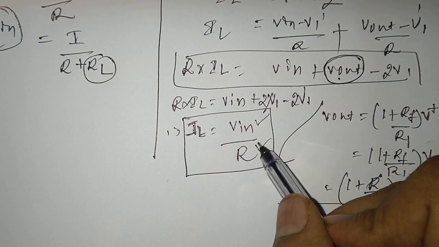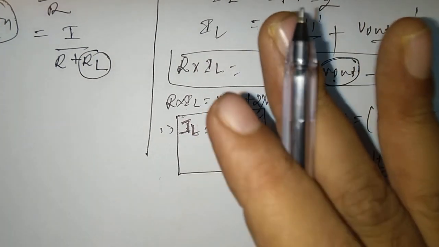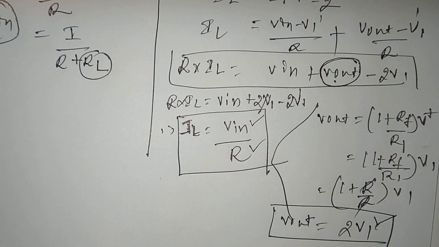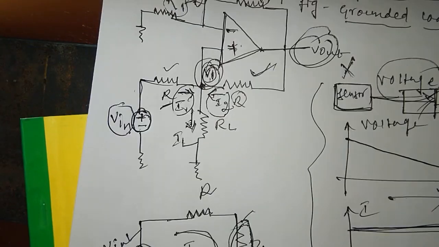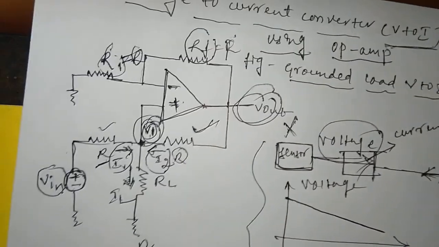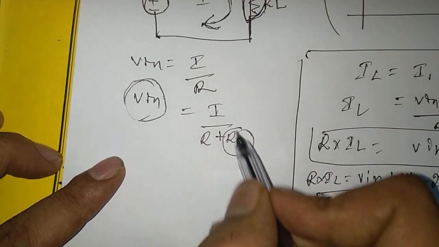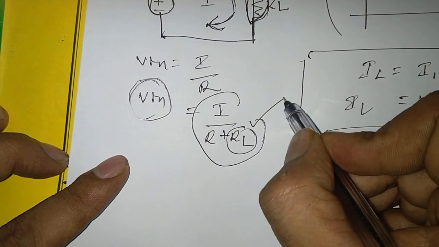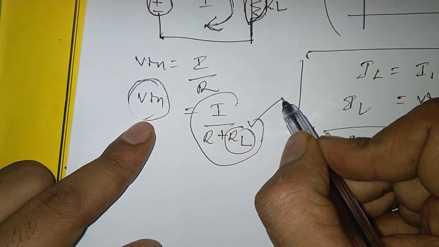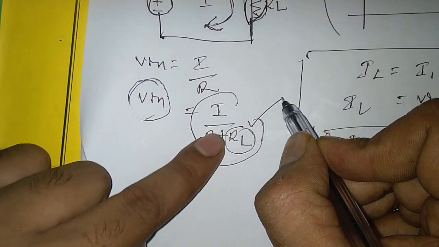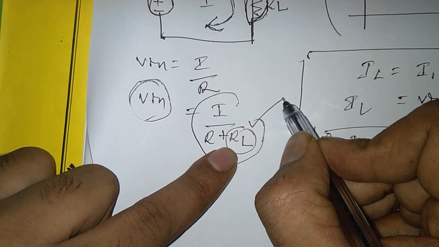Here there is no appearance of your load resistance RL as in the case of your passive circuit. This is an active circuit where you have used an op-amp. Are you understanding? In the earlier circuit, if you observe, there is an RL, and the current is dependent on the resistance RL.